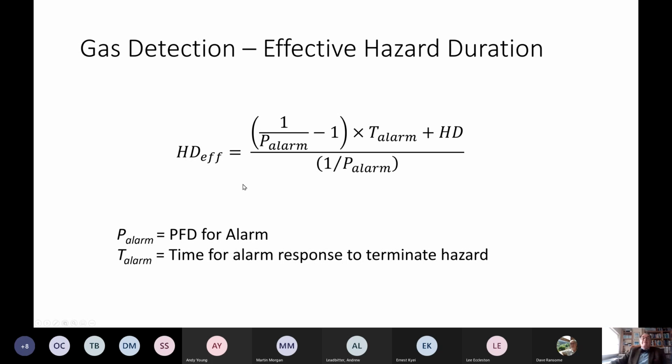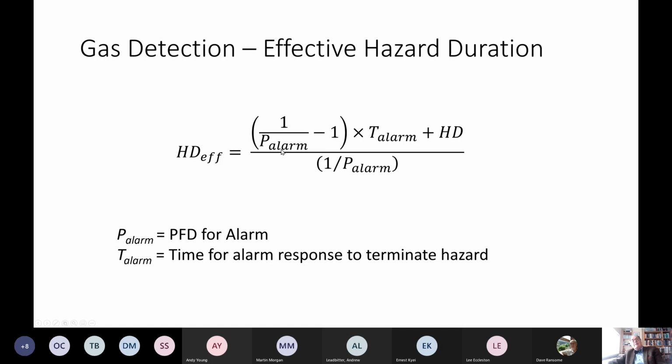It's simply an average. If the gas detection is not effective, then the hazard duration would be unmodified. So that's the HD there. If the alarm is successful, then the duration would be whatever we estimated was the time for the alarm response to terminate the hazard.